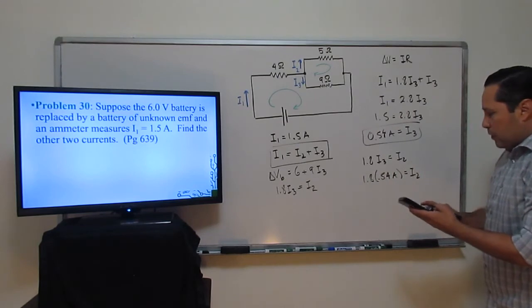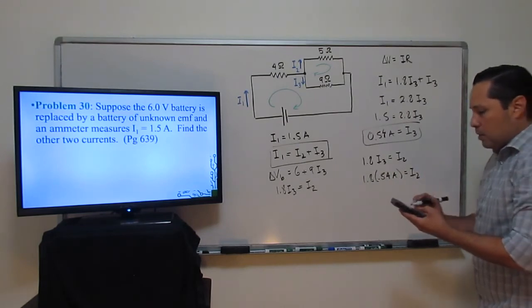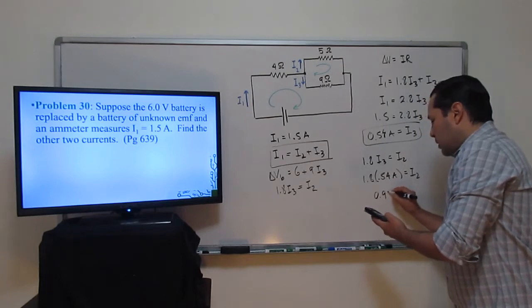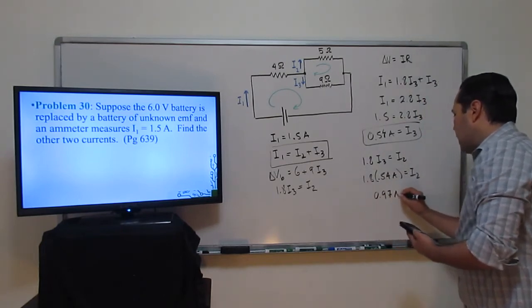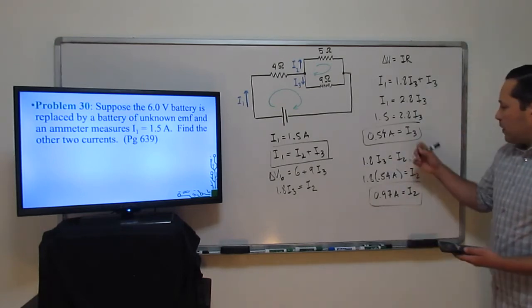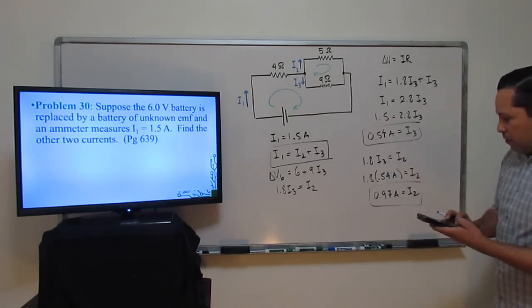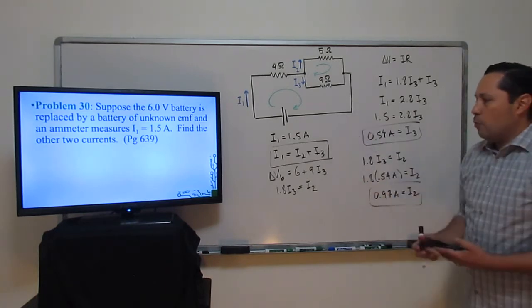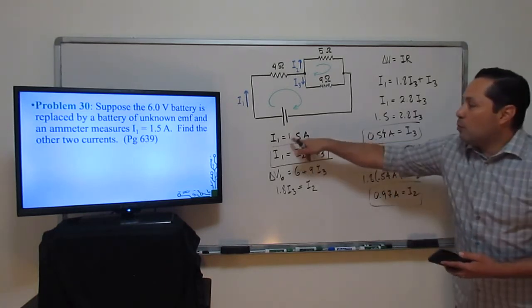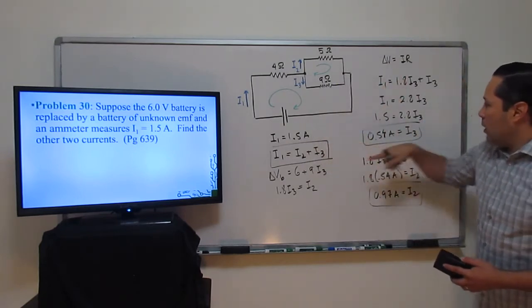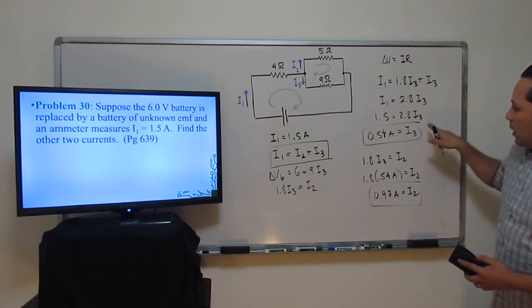So 0.54 times 1.8 gives me 0.97. We're going to round it off to 0.97 amps. And that is I2. Alright, let's verify. 0.97 plus 0.54 gives us about 1.5. There we go. So there's our answer for the currents I1, I2, and I3.